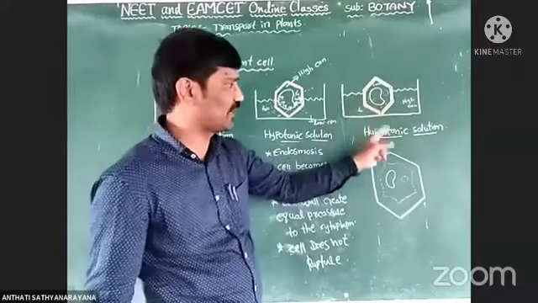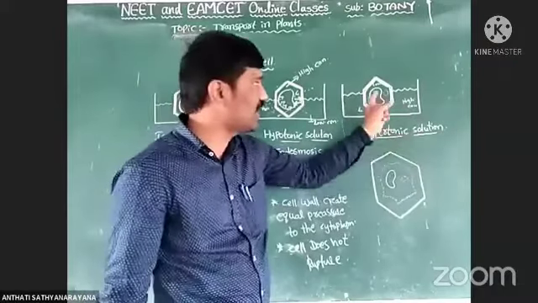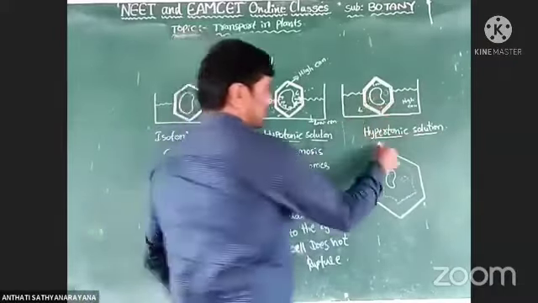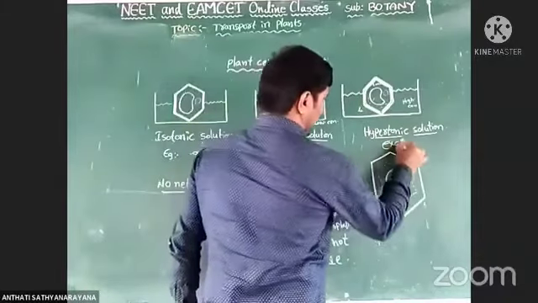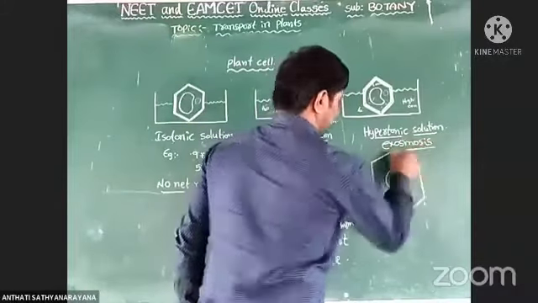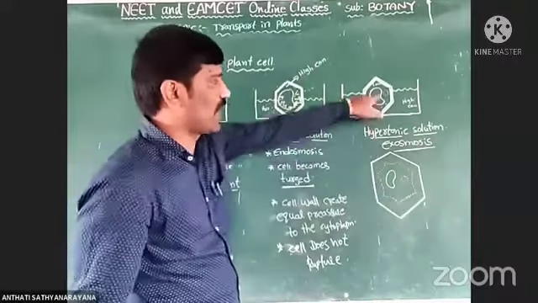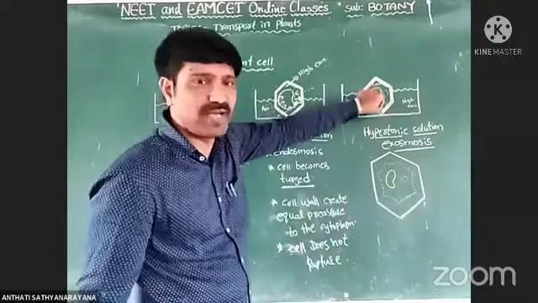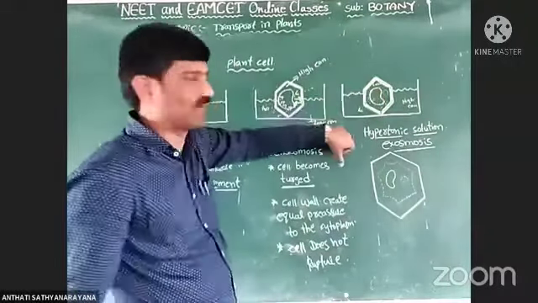When the plant cell is kept in hypertonic solution, exosmosis takes place. That means water comes out from the vacuole to outside of the cell.